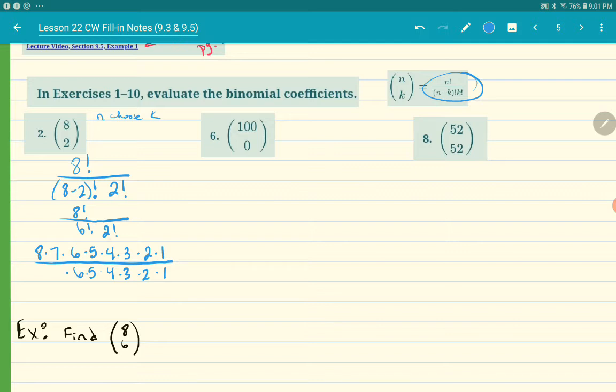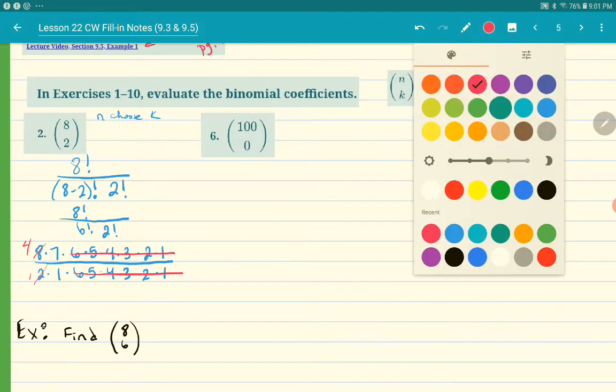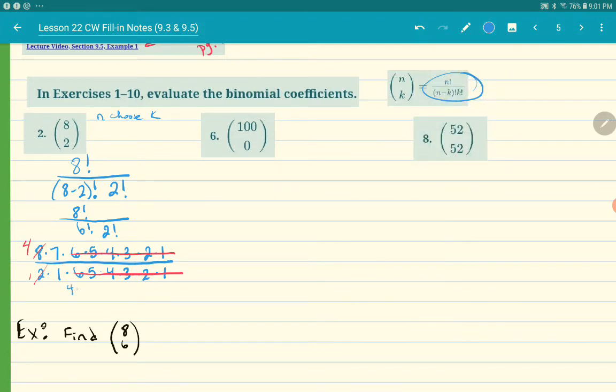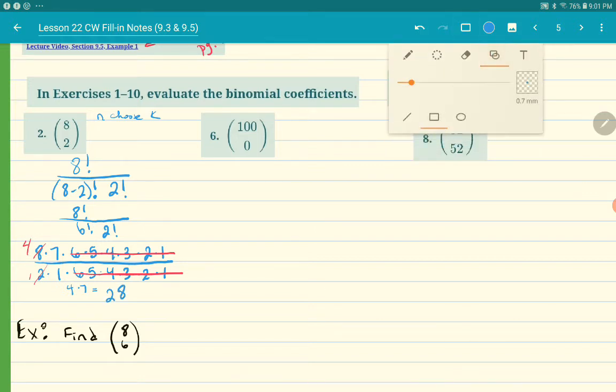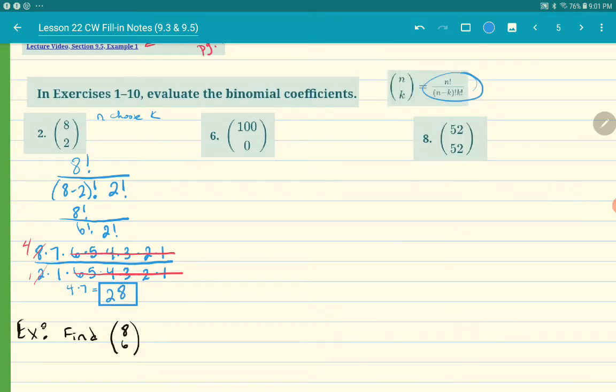And I also have the 2 factorial, so that's a 2 times 1. So I can cancel the 6 factorial here with part of the 8 factorial there. I can also reduce the 2 and the 8. Taking out a factor of 2, I get 4 over 1. So now I just have 4 times 7, which is just 28. That's my final answer for number 2.